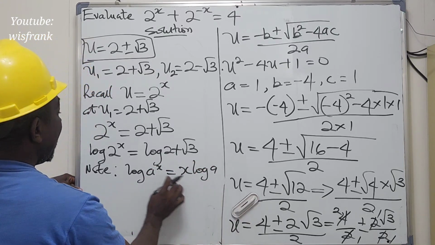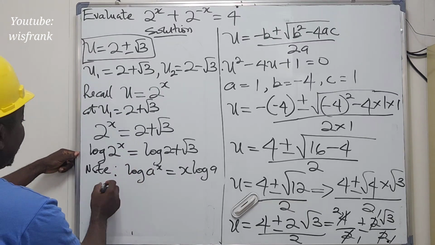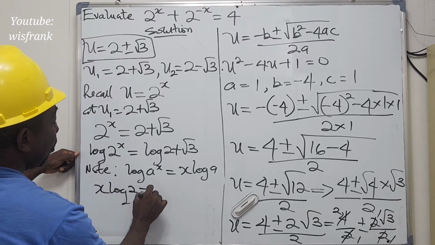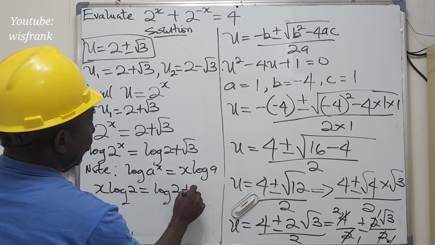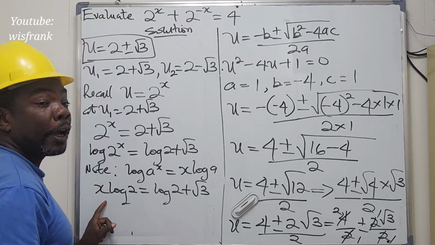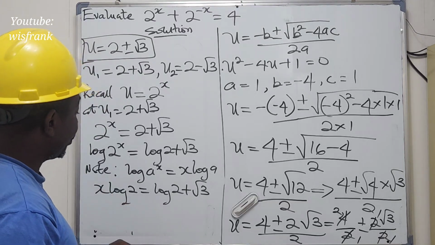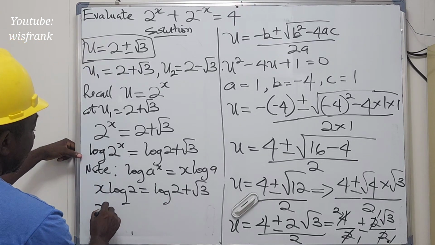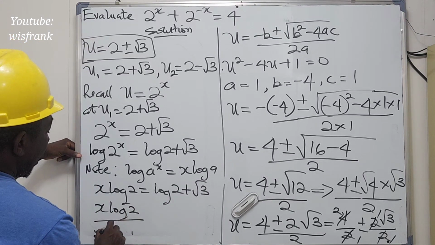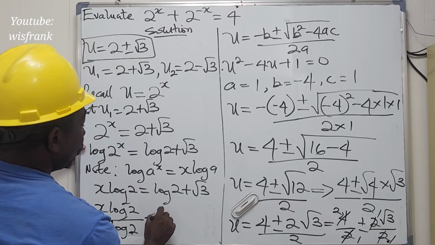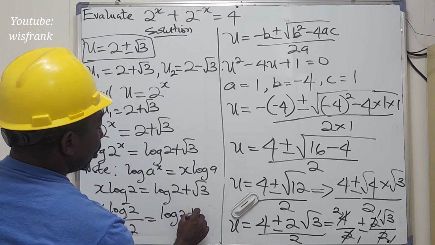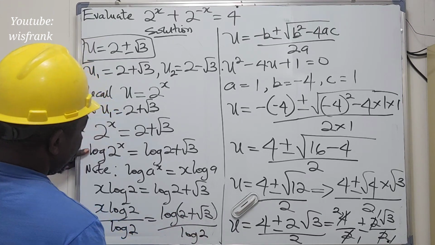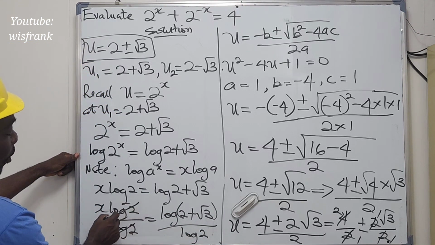So x log 2 equals log of 2 plus root 3. For us to find the value of x in this equation, we need to divide both sides by log 2. So this will become x log 2 all over log 2 equals log of 2 plus root 3 all over log 2.